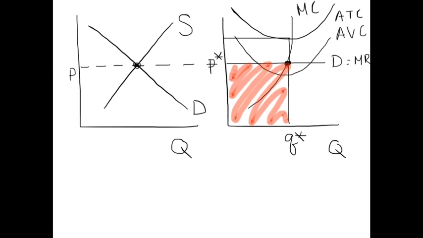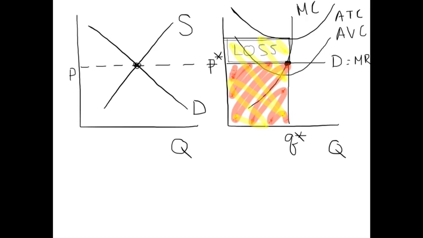And all the area underneath the ATC line, this is all the costs that you're spending. So the difference between the yellow and the red, which is right within this square, this is all the loss. Since the yellow, which is the cost, is greater than the revenue, the money you're making, that is why you're operating at a loss.